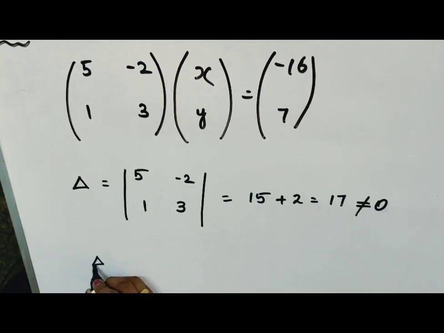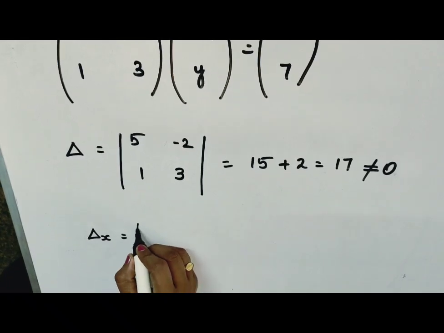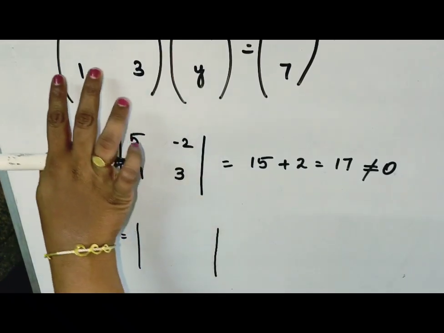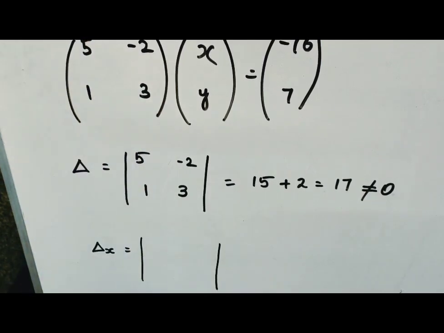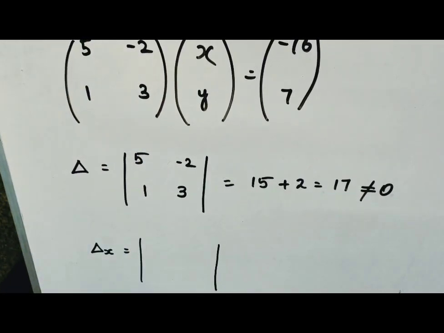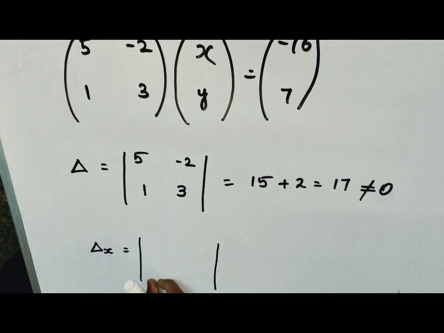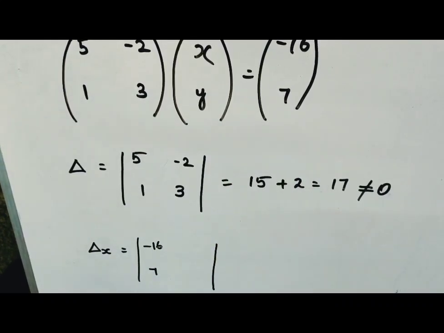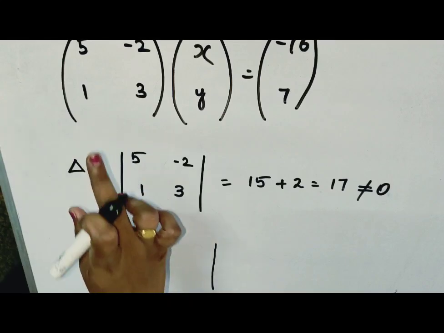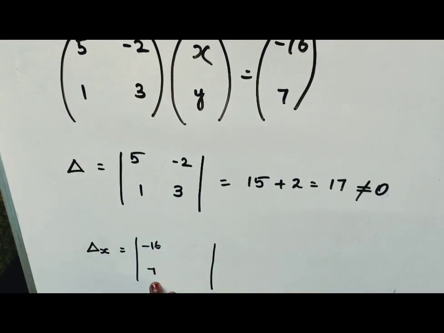Next, we have to find the value of delta x. When it comes to delta x, as I already told you, this column represents the coefficients of x. Delta x means in place of the coefficients of x, we have to replace them with the constants on the right hand side, which means 5, 1 will be replaced as minus 16, 7.